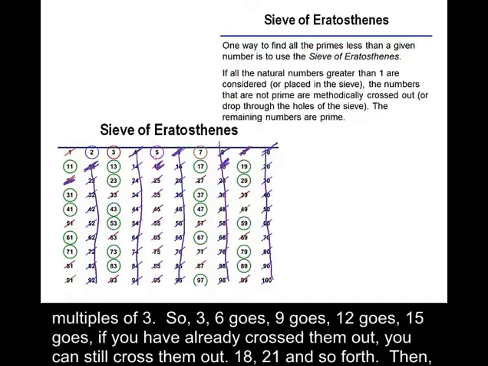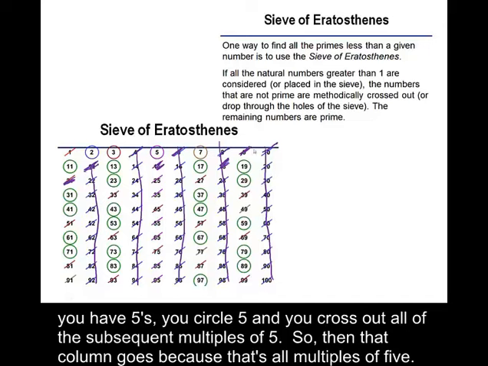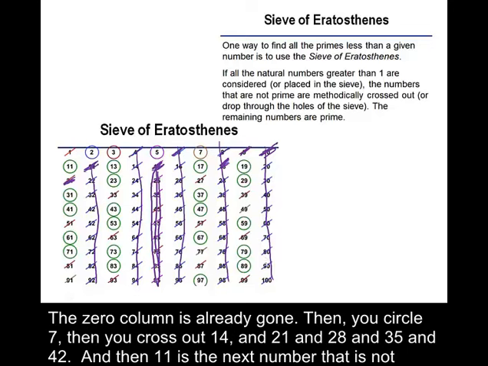Then you have 5. You circle 5 and you cross out all the subsequent multiples of 5. So then that column goes because that's all multiples of 5. The 0 column's already gone. Then you circle 7 and you cross out 14 and 21 and 28 and 35 and 42. And then 11 is the next number that's not crossed out.